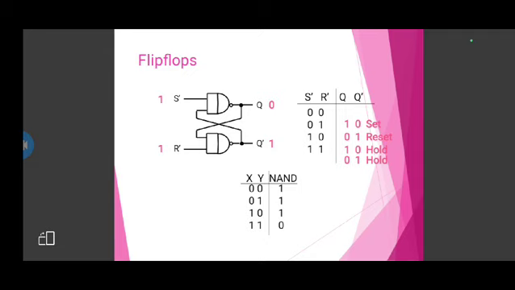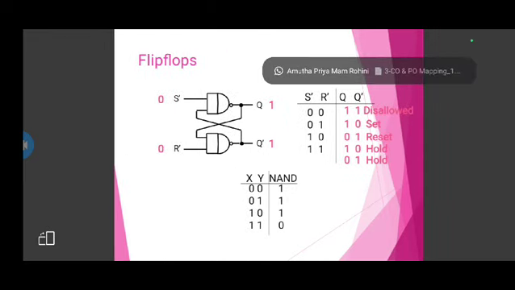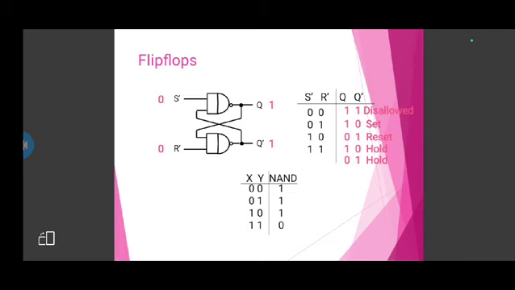When the inputs 1 and 0 are given, the Q bar is 0 and it is reset position. And when the inputs 1 and 1 are given, the Q and Q bar are 1 0, that is hold position.